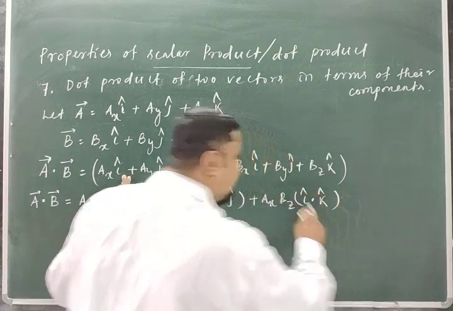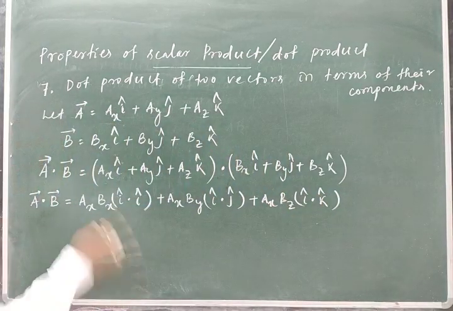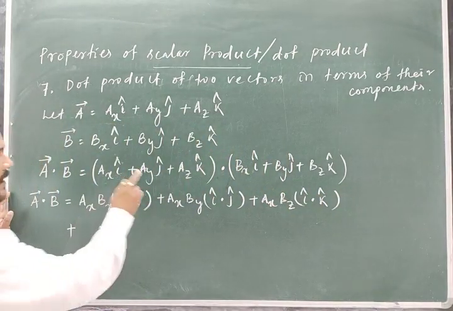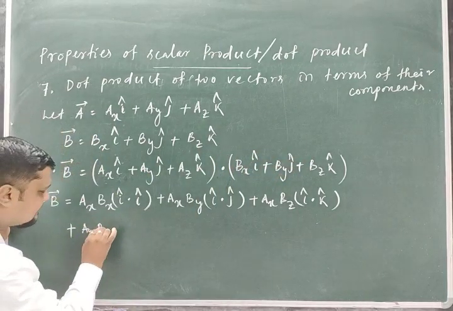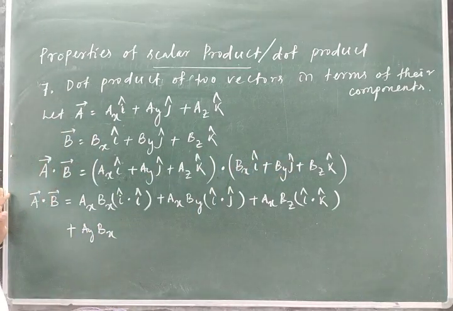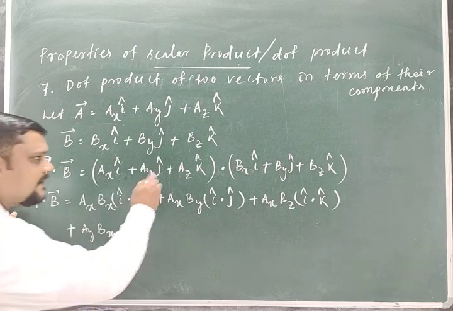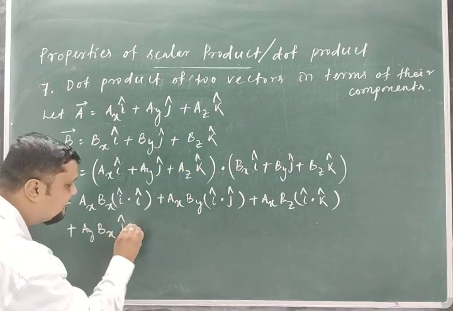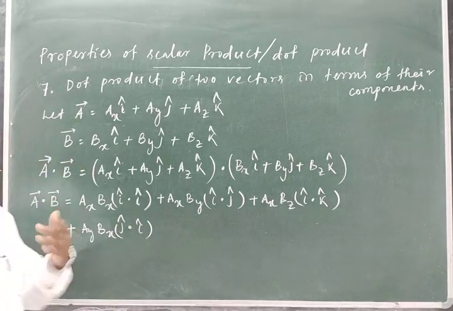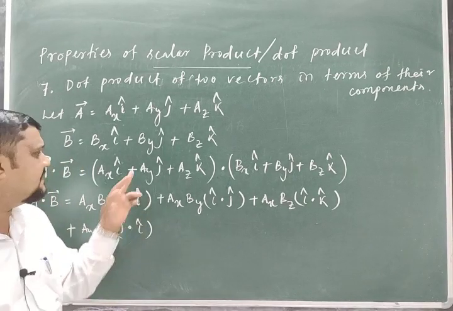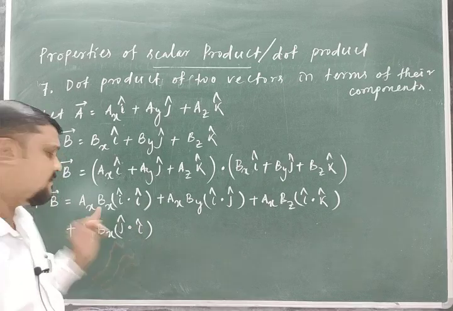This is important: i cap dot k cap. Then the next part: ay j cap multiplied with each one. Ay bx, and you can write j cap dot i cap, or you are free to write i cap dot j cap. Both are the same thing, but there should be a dot symbol.